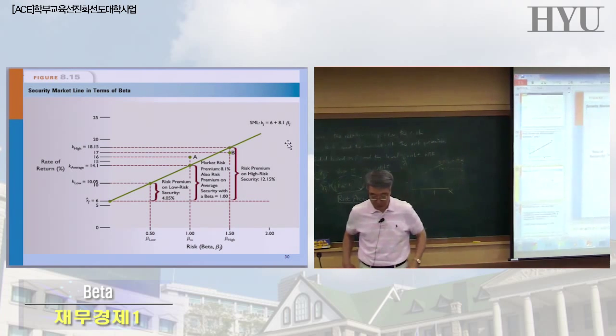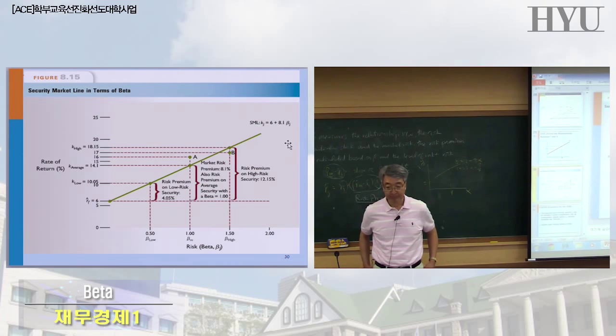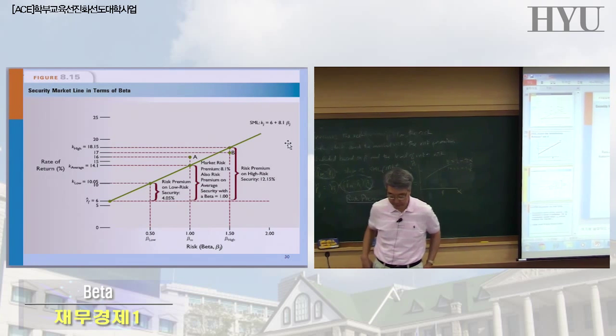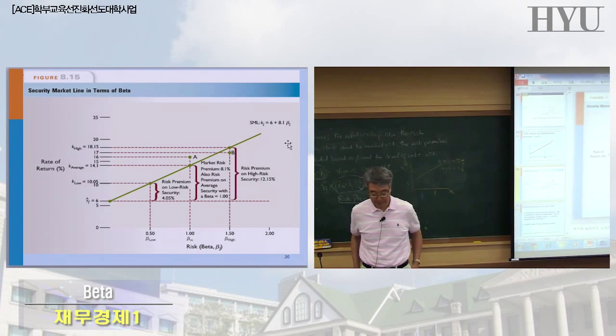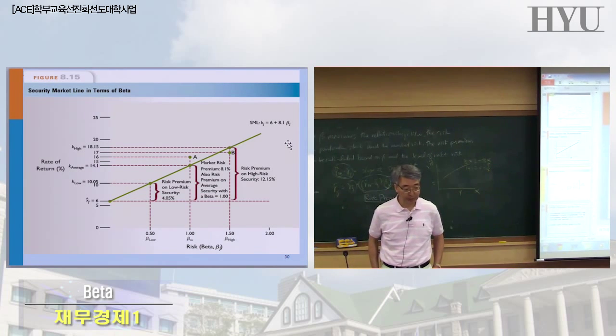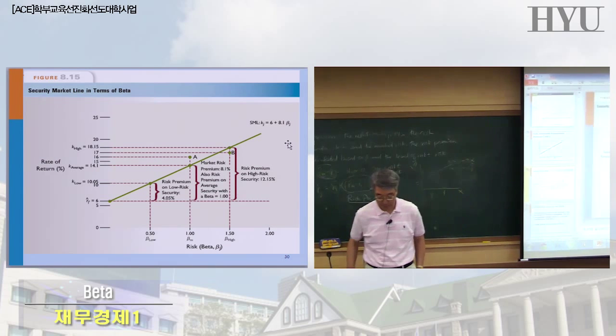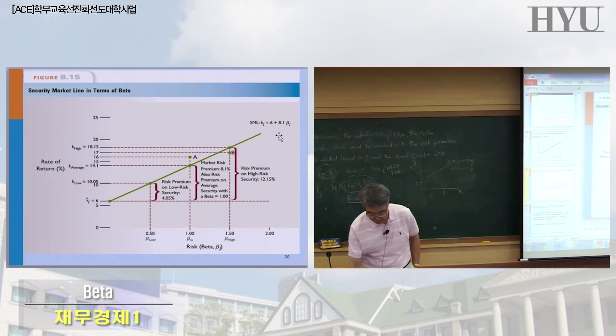So what is the risk-free rate? 6%. What is the 8.1? Market risk, which is Rm minus Rf. Okay, good. All right. So now we have this equation. Based on that, think about it.